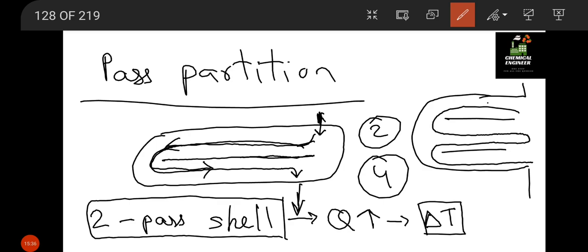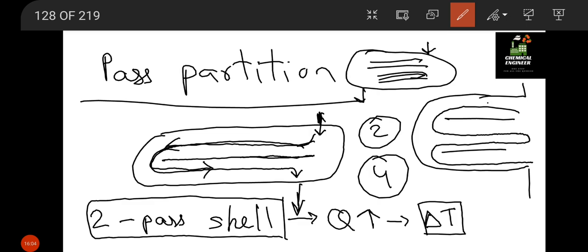In a single pass there may be unfavorable temperature change, but if we provide various passes, the amount of unfavorable temperature change will reduce. In general we can also use a single pass shell, where fluid enters, passes over the tubes, and goes out from the shell.